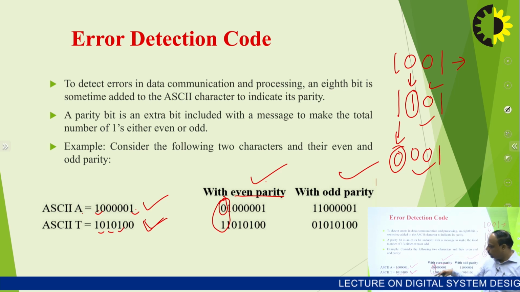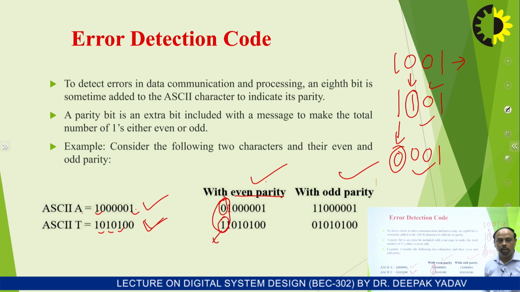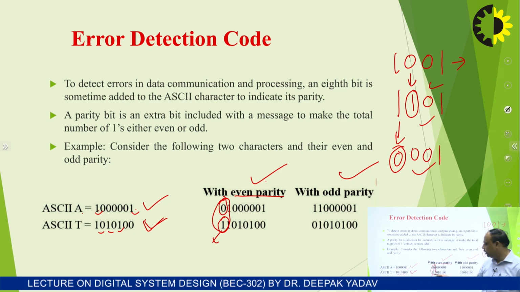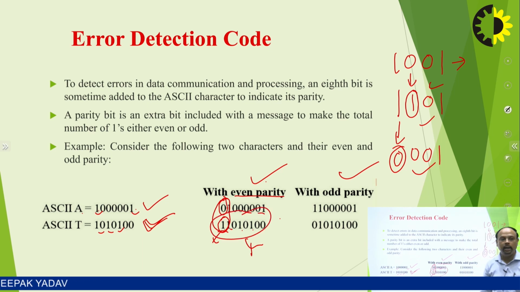So for making it even parity, if we prefer even parity for the transmission, we have to add this extra 1 before the code, so that it can be transmitted over the channel with even parity. Now the number of 1s is 1, 2, 3 and 4. The code had three 1s, an odd number, but we have converted it into an even number of 1s by adding an extra 1.